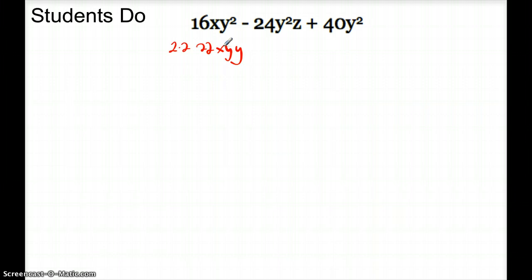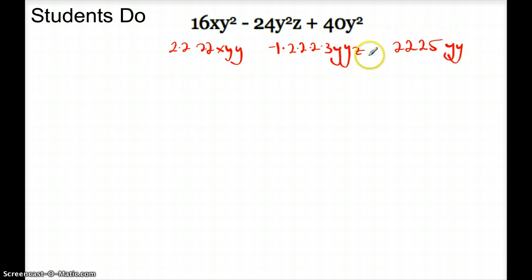X, Y, Y. The next group is going to be -1 automatically, and then 8 times 3, and here's an 8. 2 times 2 times 2, and here's the 3. Y squared, Y times Y, and then Z. This last group is going to be 40, which is 4 times 10. Here's 4, and here's 10.